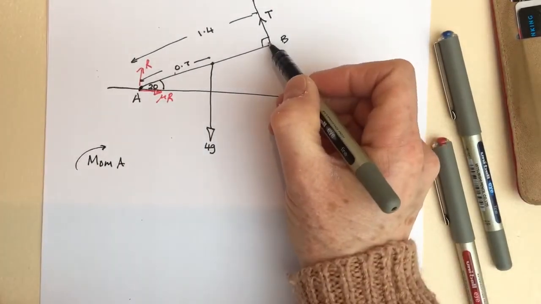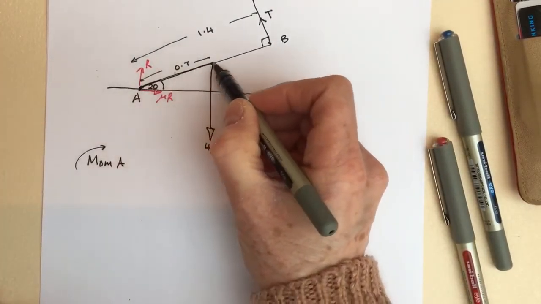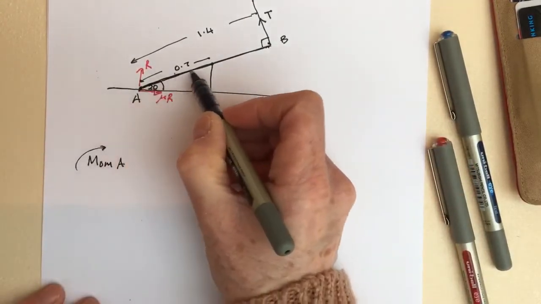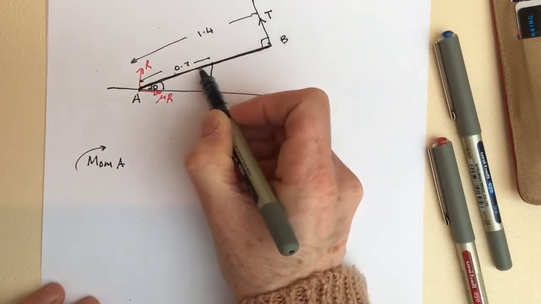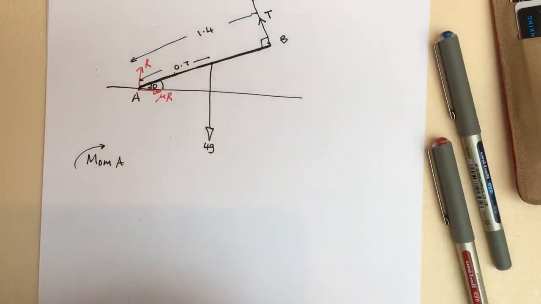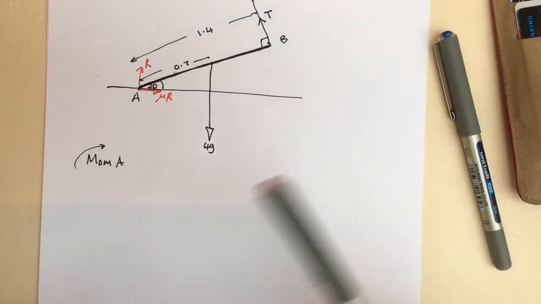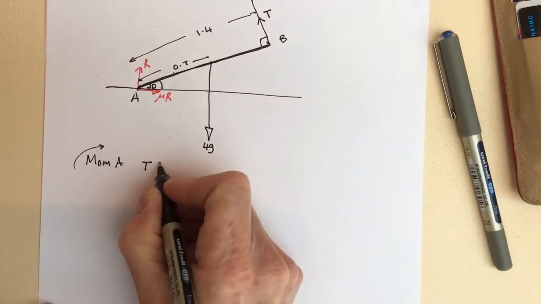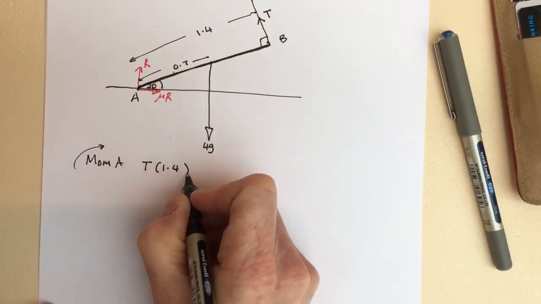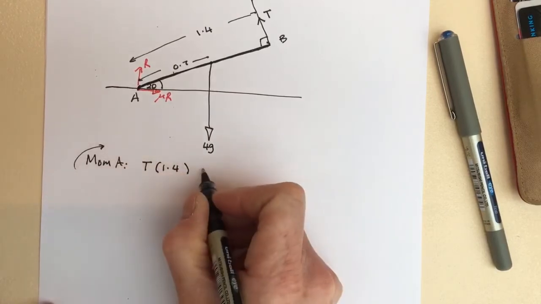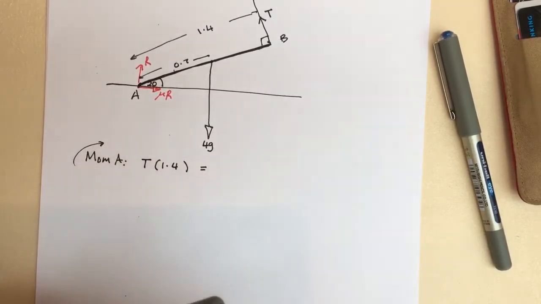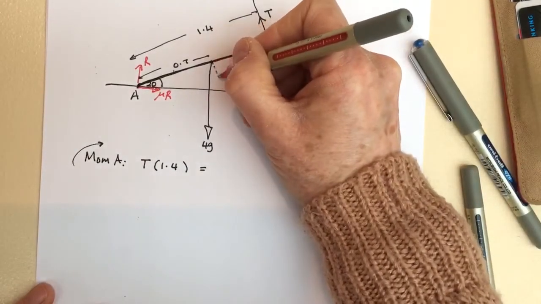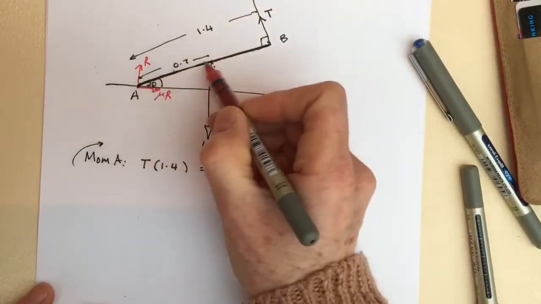Now, this force is already perpendicular to this rod, so we're always thinking about the rod as our point that we take things relative to. So T will just be times by 1.4 for my moments about A. Now, my 4g newtons, what I need to do is actually resolve that perpendicular to the rod.